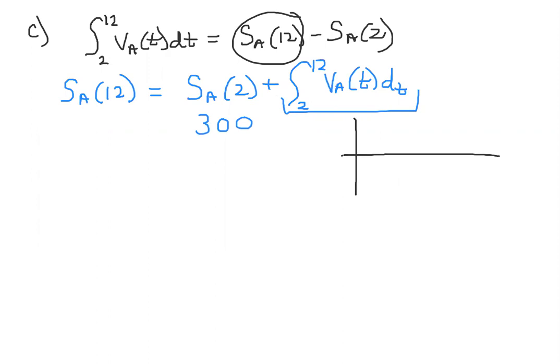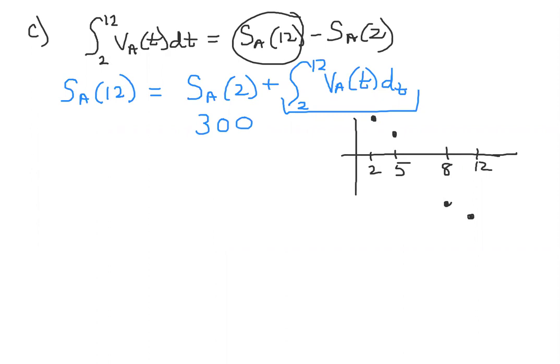If you don't have to write a graph, you don't have to. We're going at 2 and at 5 and at 8 and at 12. And at 2, it is 100. At 5, it's 40. At 8, it's negative 120. And at 12, it's negative 150.